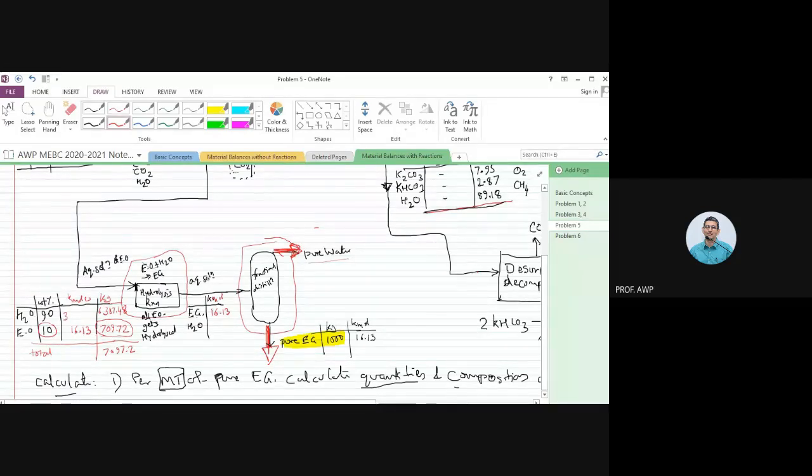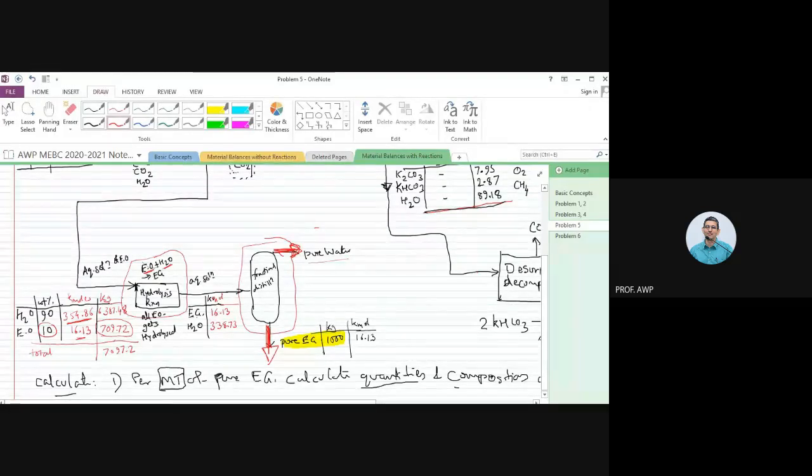This will be 354.86 kilomoles. We know that 1 mole of ethylene oxide reacts with 1 mole of water. So out of this 354.86 kilomoles, 16.13 kilomoles will react with ethylene oxide, and we will be left with 338.73 kilomoles after the hydrolysis.